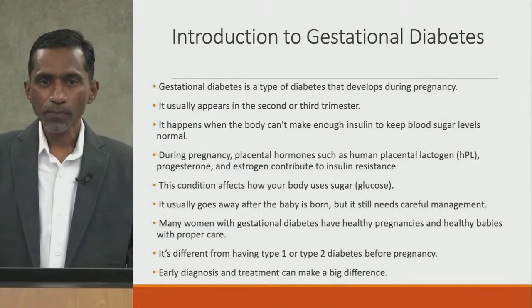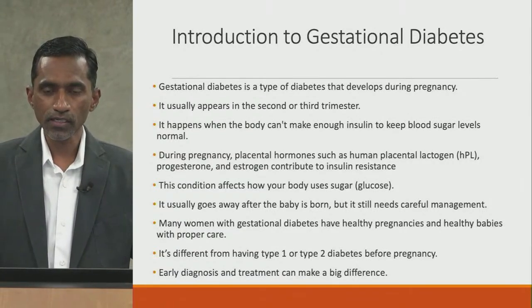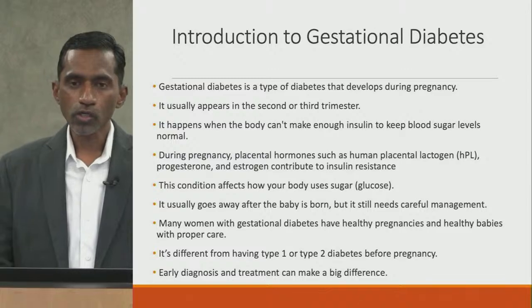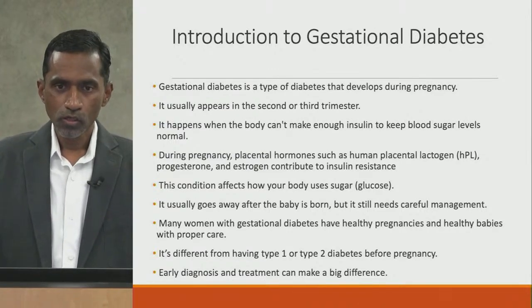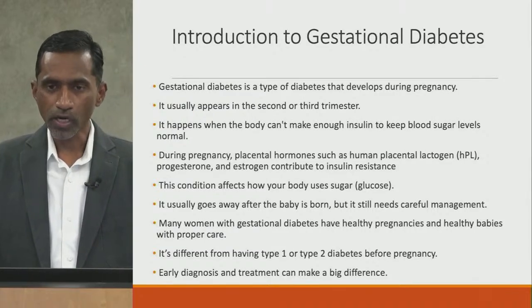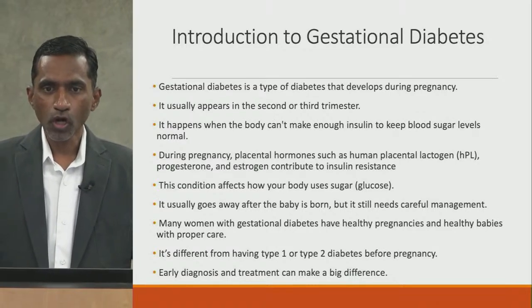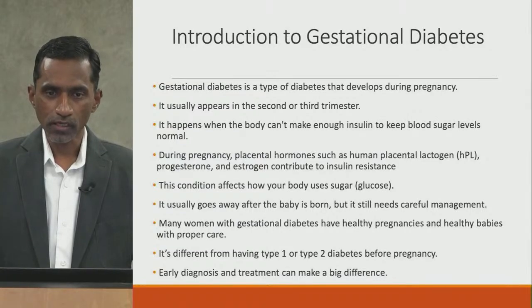What happens during pregnancy is some of the hormones produced by the placenta, called the human placental lactogen, the progesterone and estrogen, contribute to insulin resistance. Because of the insulin resistance, this condition affects how your body uses your blood sugars. It usually goes away after the baby is born, but still needs careful management during the pregnancy.